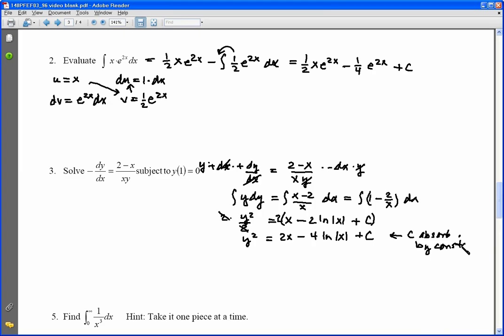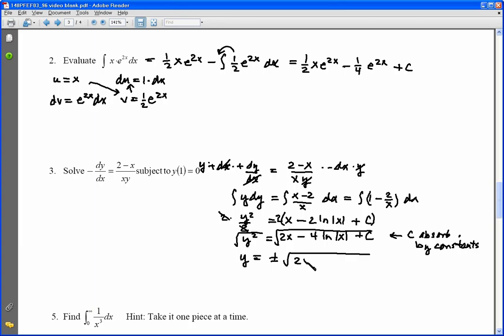You probably remember some of the problems that we were working with, and we were renaming the constants. That was sometimes when we had logs on both sides and we had to exponentiate both sides. Okay, and then we're going to take square roots on both sides. And so we get y equals, and there's a positive and a negative square root.